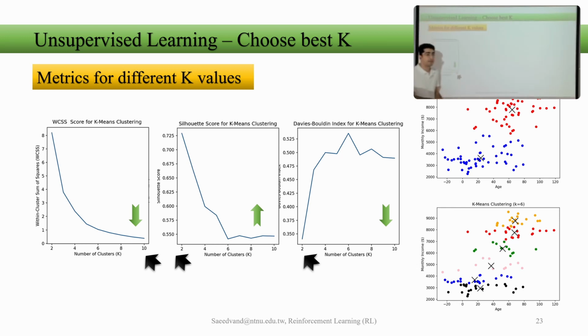Because if you want to use WCSS purely to say, okay, what is the minimum value? Of course, it always decreases, right? If I add more clusters, the average distance gets lower. And the best one is k equal to n. If k equals n, it means that per each point I have a cluster. Then the distance with this metric becomes 0. It goes to 0 at the end.